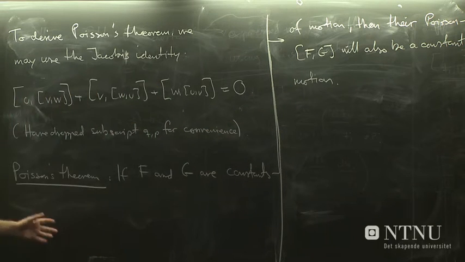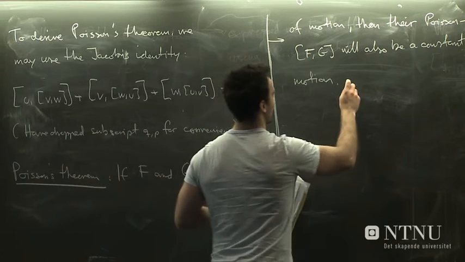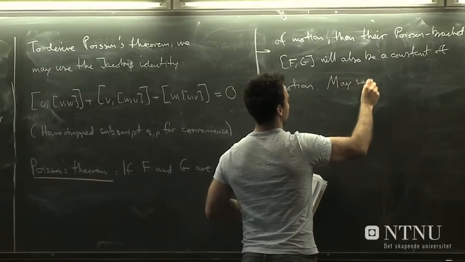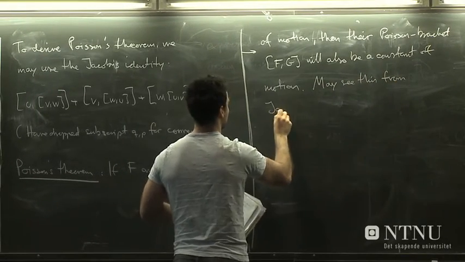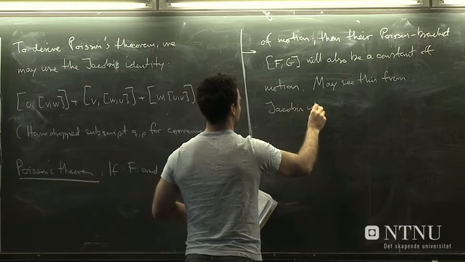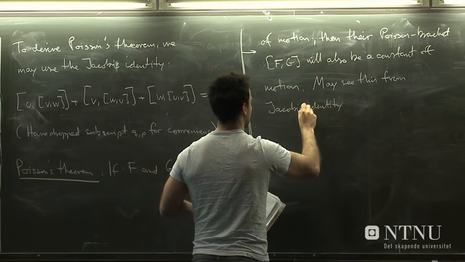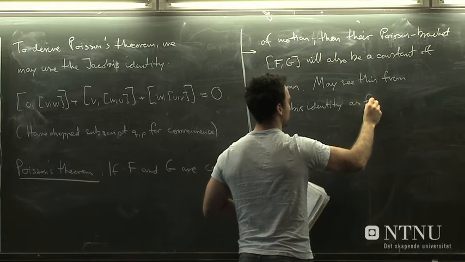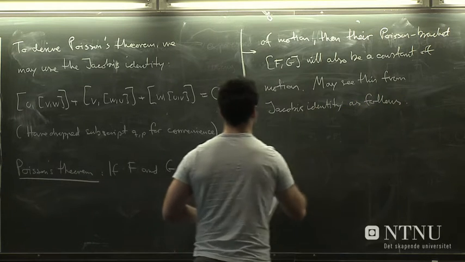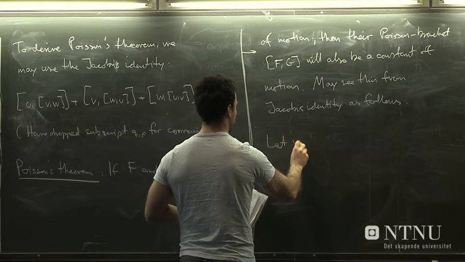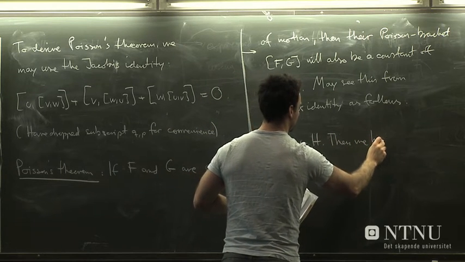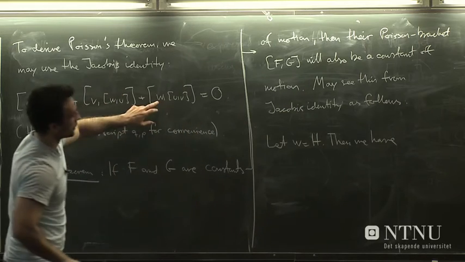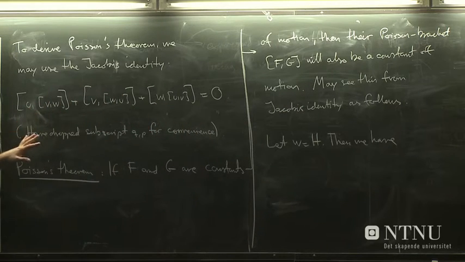And we can see this directly from Jacobi's identity in the following way. So let W in this equation be the Hamiltonian.